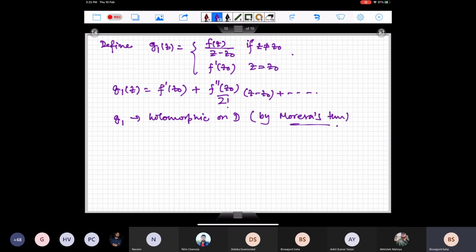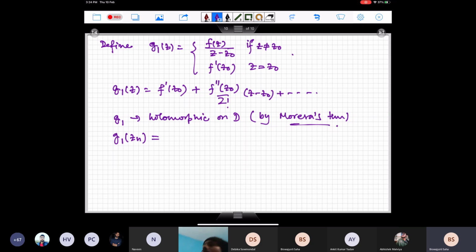Now tell me about this sequence g1 of zn. What can I say about this quantity g1 of zn? Just look at the function and tell me.